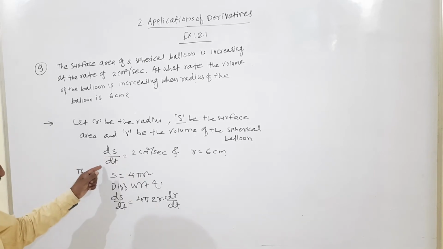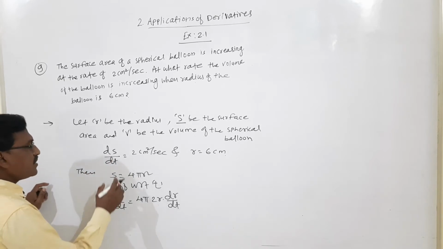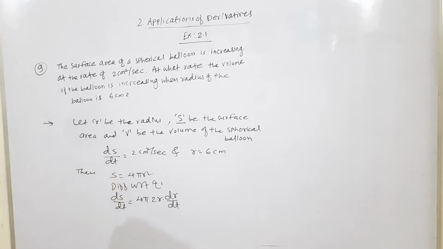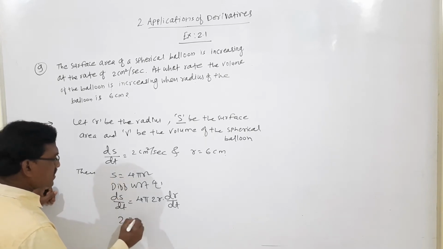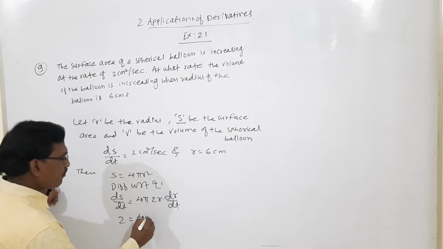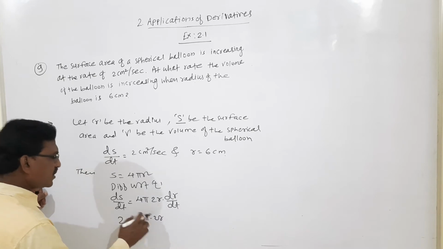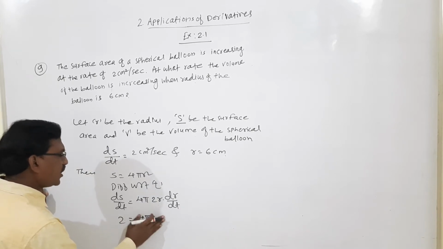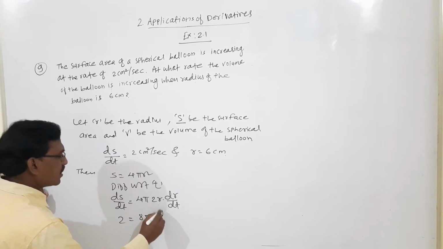Here we are given dS by dt, which is the rate of change of surface area of the sphere. So 2 is equal to 4 pi into 2r, that is 8 pi r, into dr by dt.